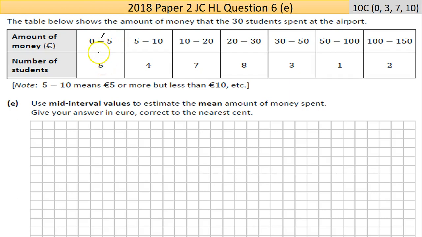We don't know, without going back to the raw data and seeing that one person spent €1, the next person spent nothing, and so on. So do we take our value as 0, or as 5? Or, as in most things in life, do we split the difference? If you split the difference, you add those two together, 0 and 5, and divide by 2, so effectively you get the mean of the interval, and that'll be 2.5.